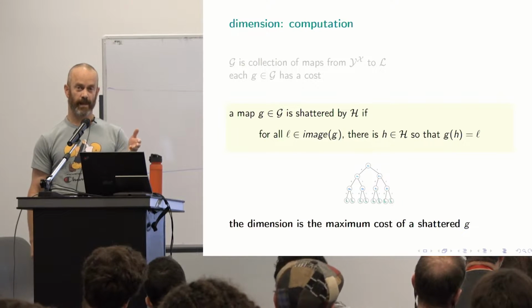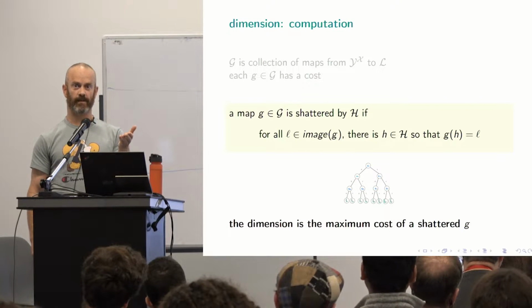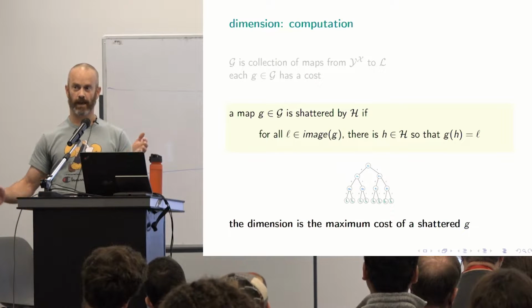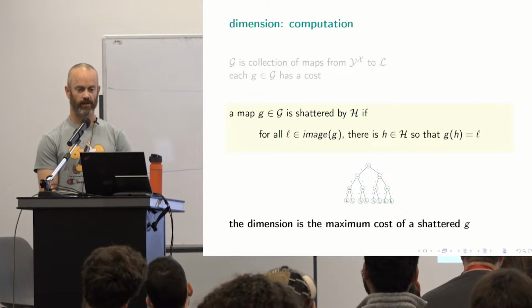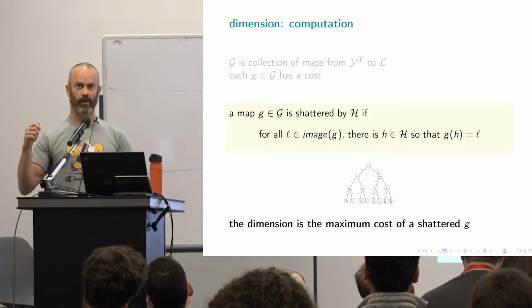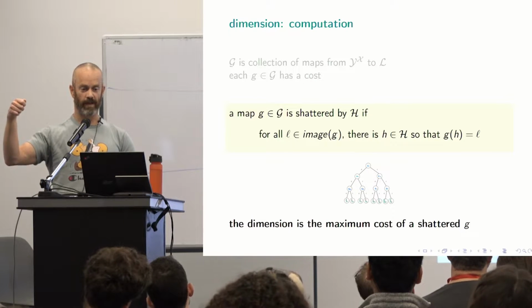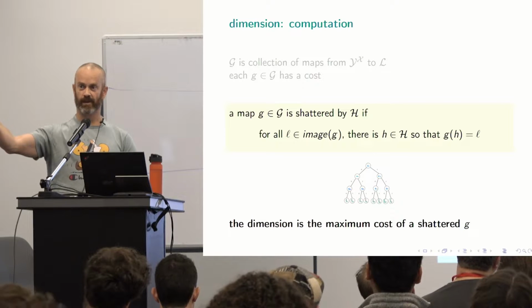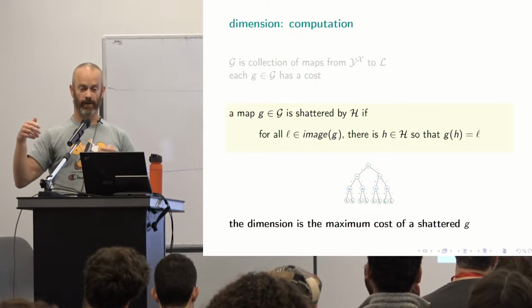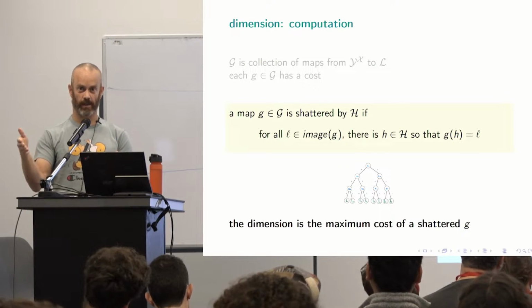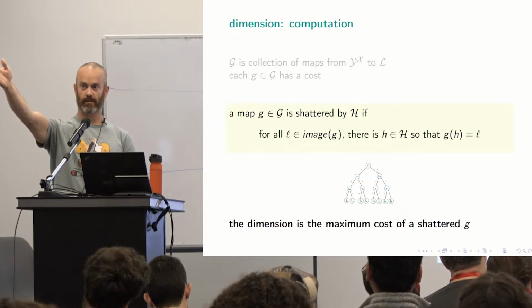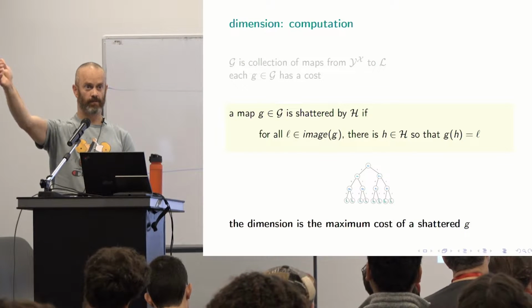And we say that this single decision tree is shattered by H, by the collection of functions we care about, if for every leaf in the tree, for every L in the image of this function, there is some specific function in H that leads to this leaf.